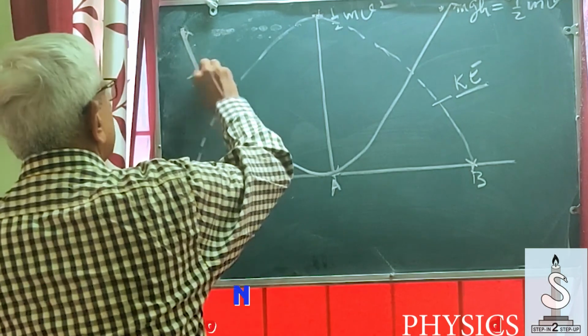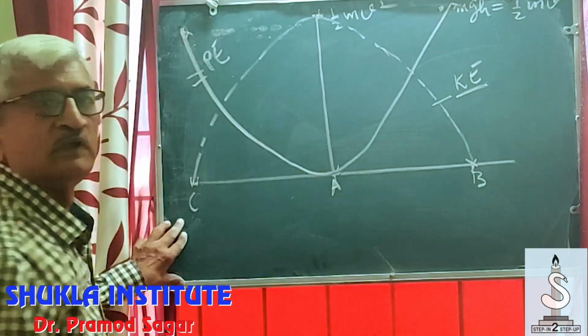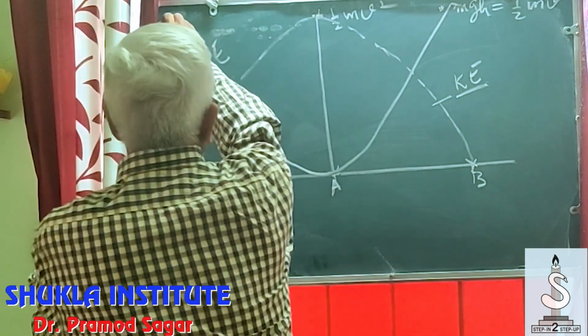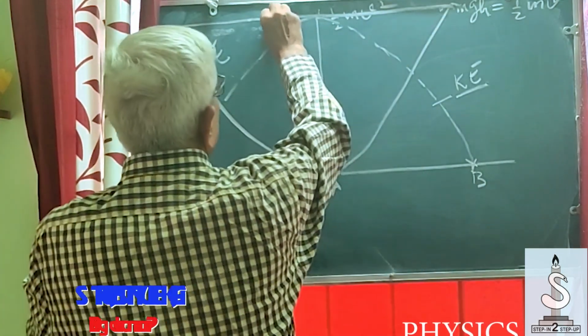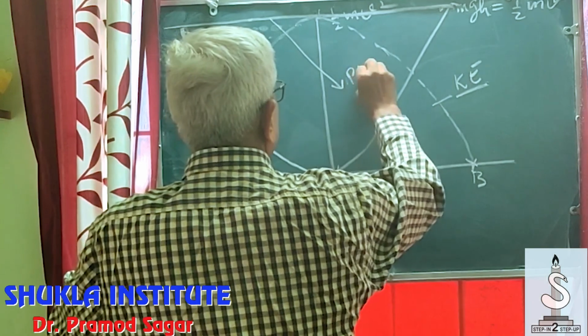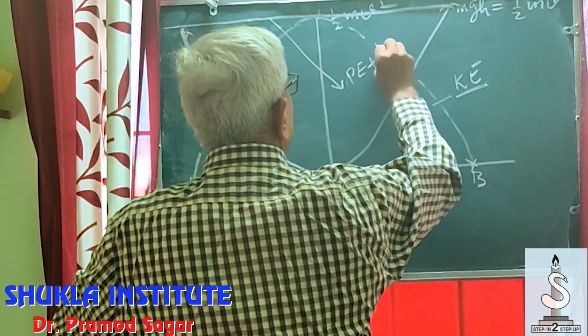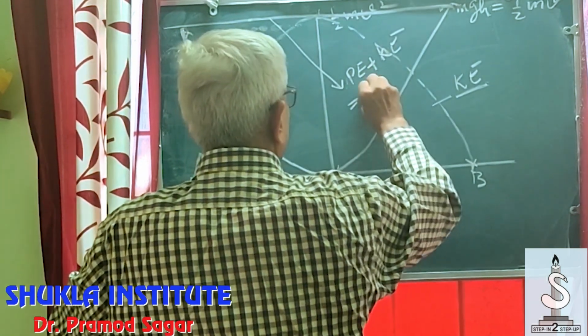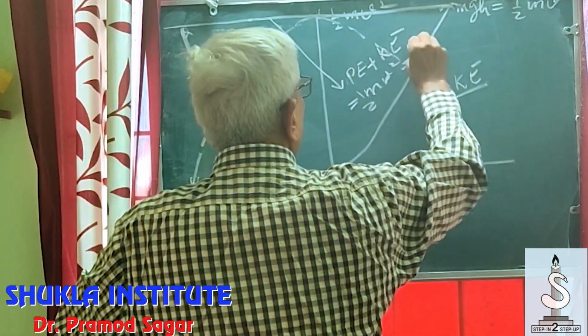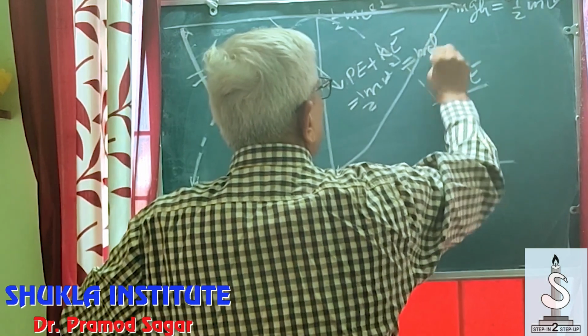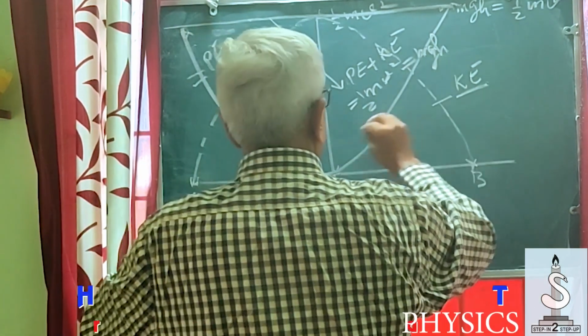This graph is the potential energy curve, and this line is potential energy plus kinetic energy and always equal to half m v square or mgh, whichever you may call, and is constant.